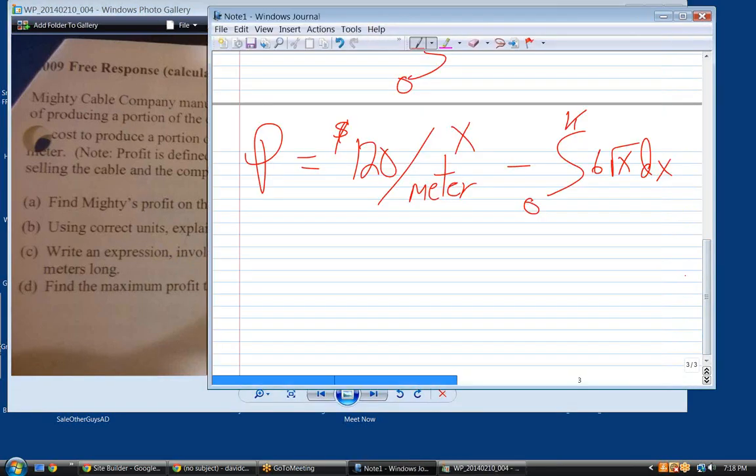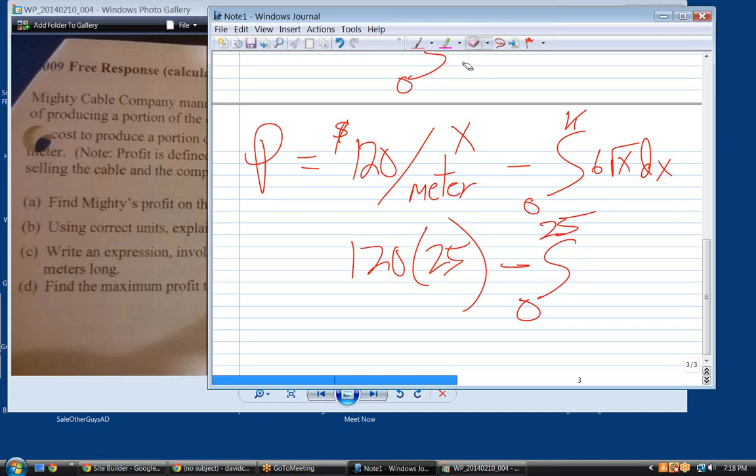When it was 25 meters long, then it was 120 times 25 minus the integral from 0 to 25. If it's K meters long, then it's 120 times K. And it's going from 0 to K, not 25.